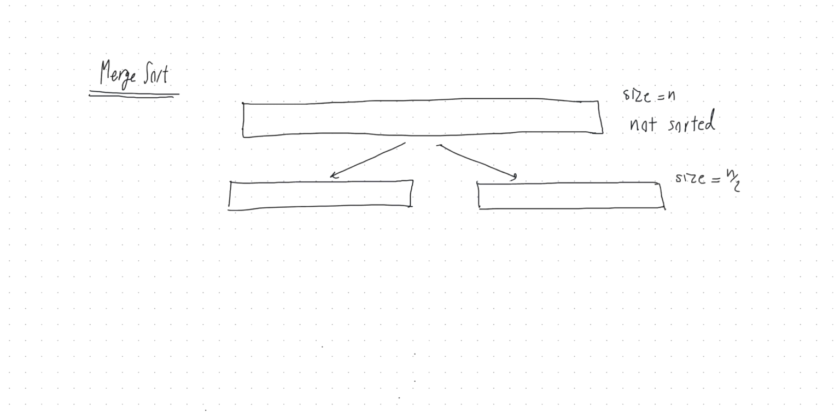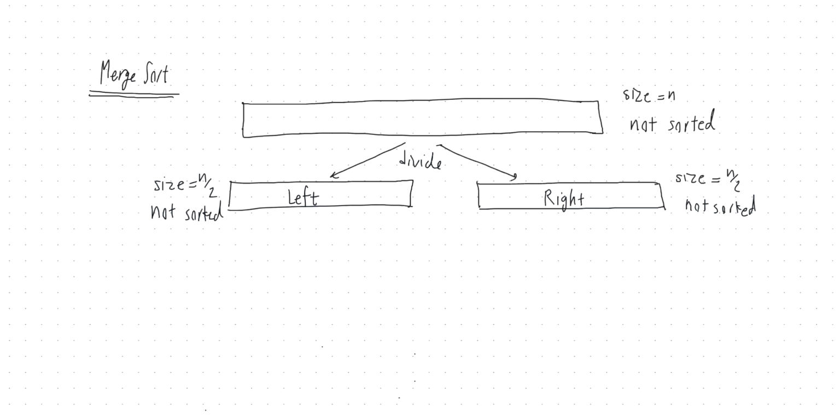So size is n over 2, and still not sorted, because the only thing that we did was divide the array right in the middle. Size is n over 2 here as well, and not sorted. I'm going to call this subarray left and this one right. So that's the divide part. Remember divide and conquer? So now we did the divide part.